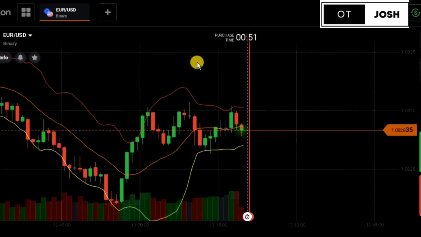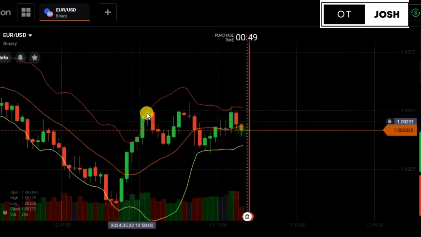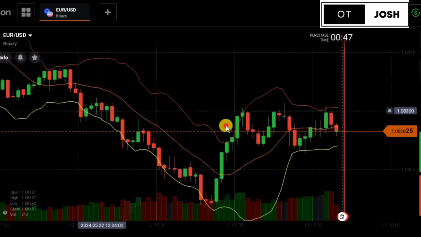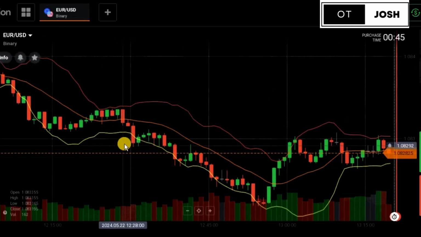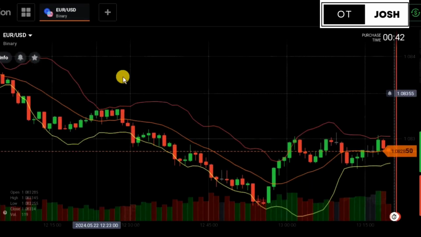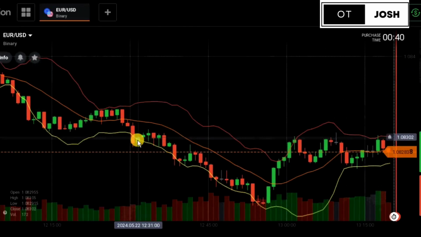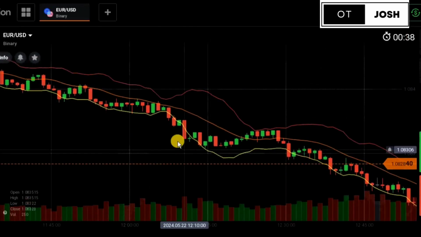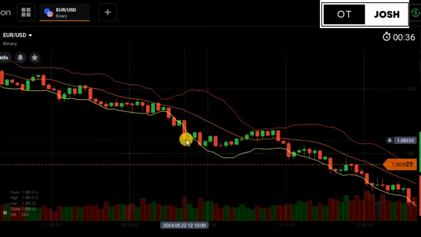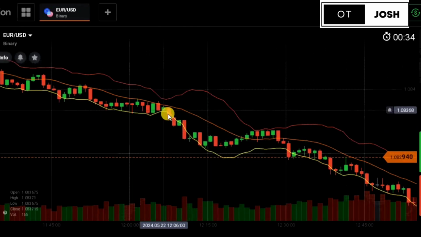At this point, we can say that price is overbought. And when it goes down, like here, you can say price is oversold because the price has come down outside the lower Bollinger Band. The same thing happens here.